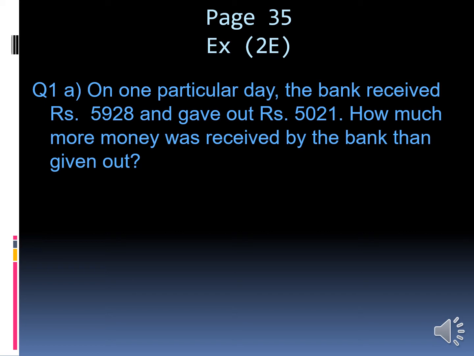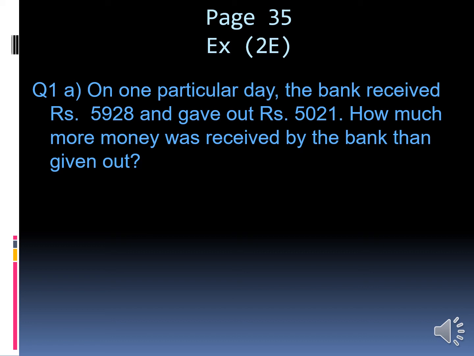We know the steps. First, we are supposed to read the question and then find out the important information. So, the important information that we have found from this question is that the bank received rupees 5,928 and gave out rupees 5,021.